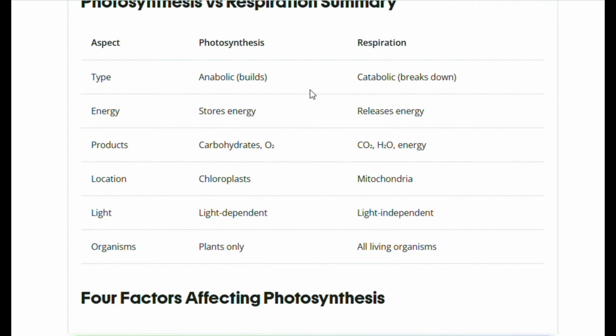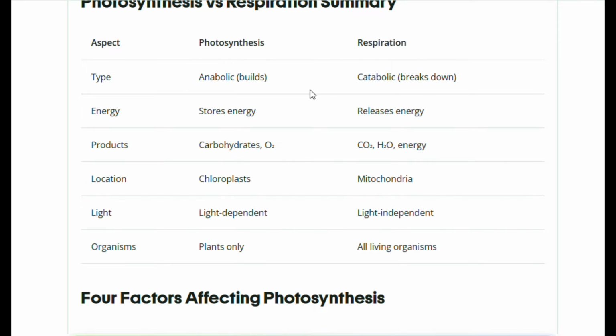Then the energy: it stores energy. The product of photosynthesis is carbohydrates and oxygen, which is O2, right? Location, chloroplast. Light, it is light dependent.